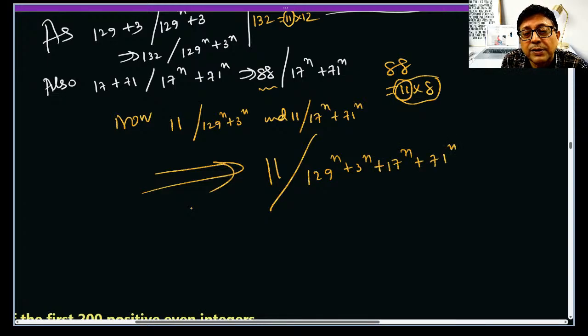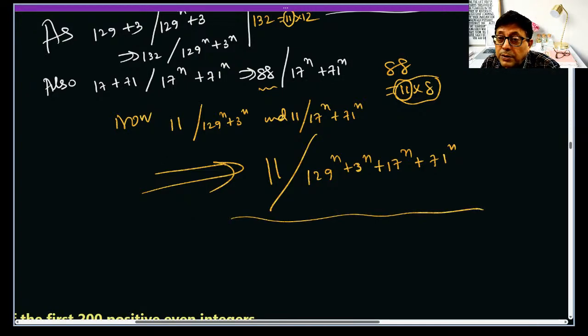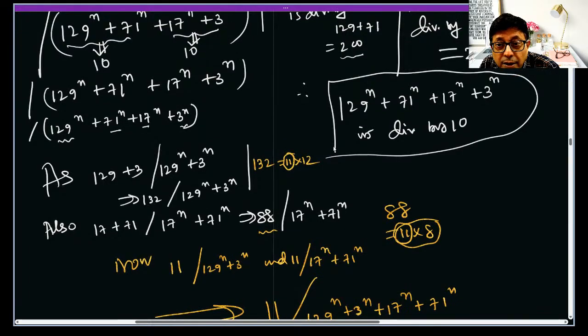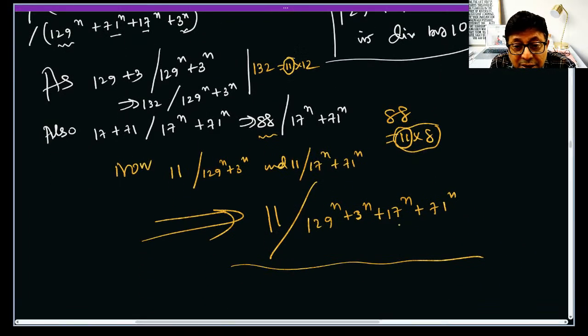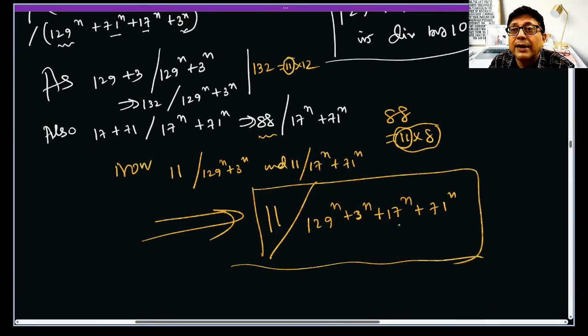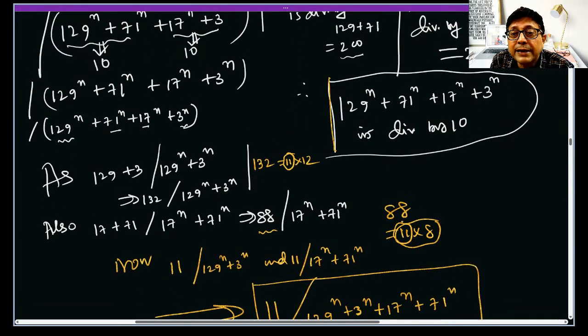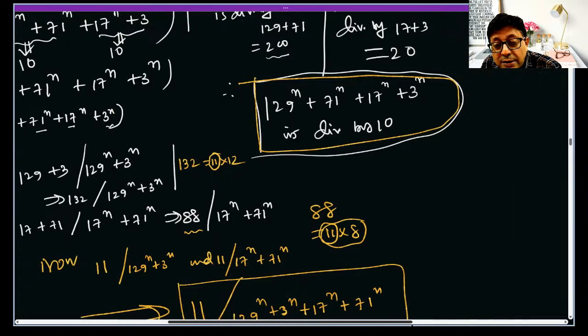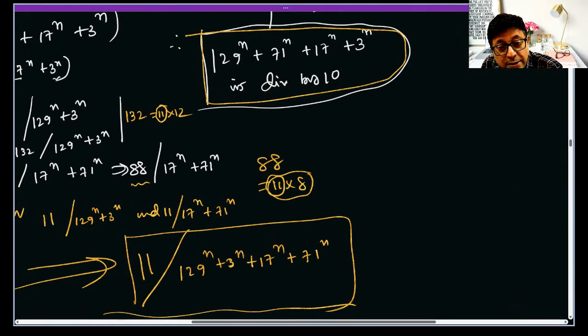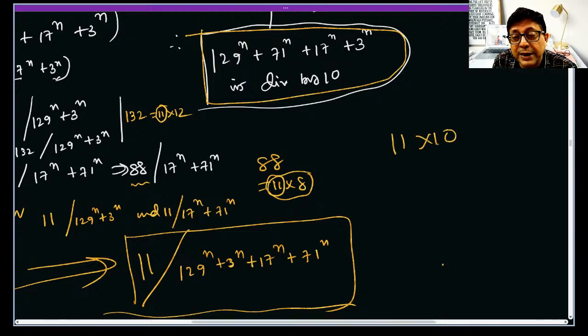Am I correct? Hope you have understood. Isn't it? Because 11 divides this thing, and you have proved that 10 divides the same thing. So why you don't see that they are co-prime numbers, 11 and 10? So by using divisibility, 11 into 10 divides their sum.